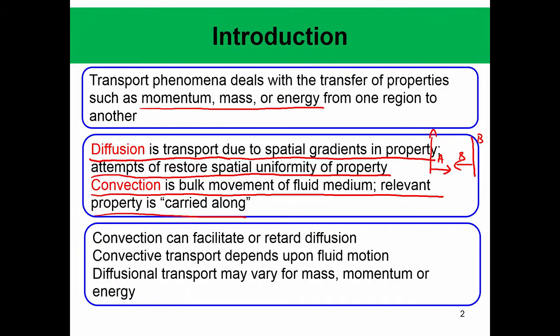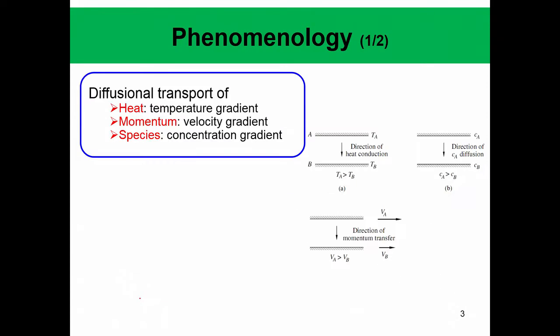Diffusion transport may vary for mass, momentum or energy. So by diffusion we do not only mean diffusion of species, we mean diffusion transport of heat, which happens when there is a temperature gradient, diffusion transport of momentum when there is a velocity gradient, and diffusion transport of species when there is a concentration gradient.